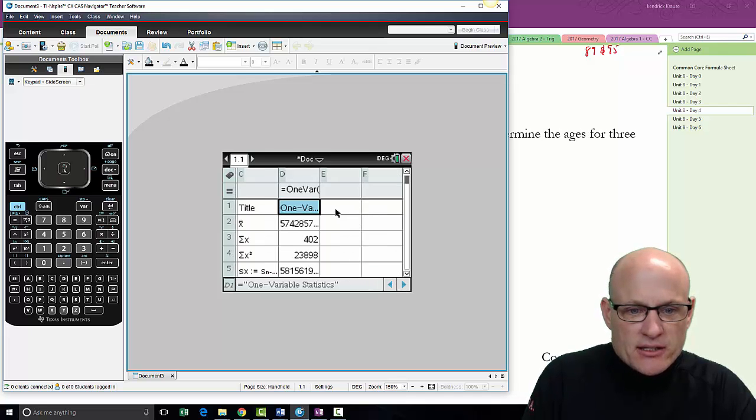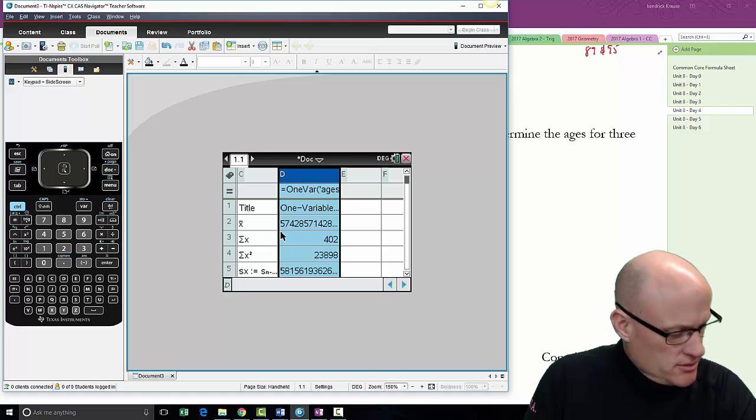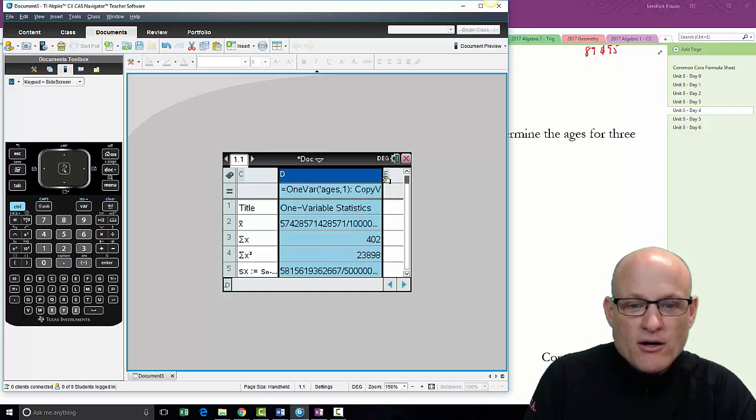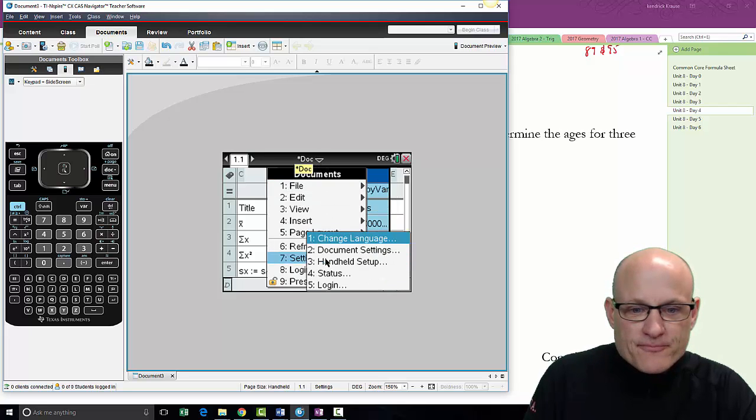So it looks like my mean bar does not appear to be right. My mean bar is 5 quadrillion. I'm not sure. Oh, look at these numbers. Let's see if I can get these up.